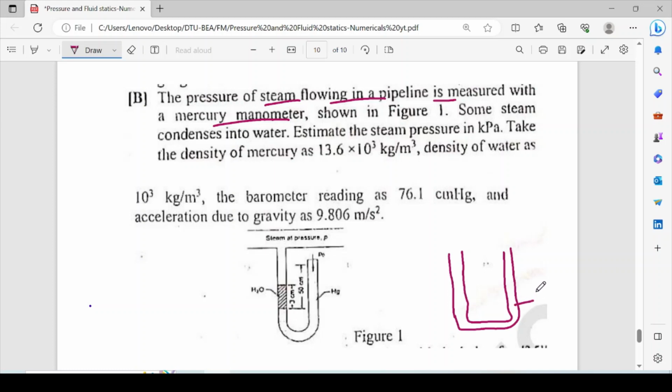Initially this is filled with mercury, and a steam pipeline is like this. But when the steam pipeline and the mercury manometer are not connected, both are at atmospheric pressure.